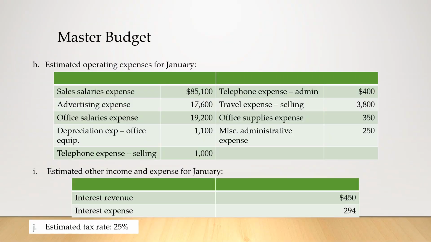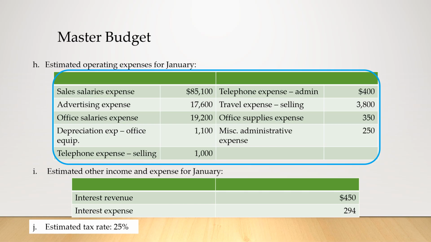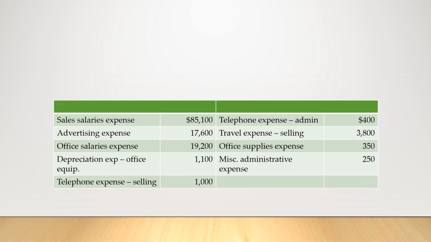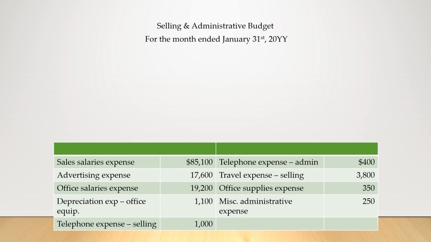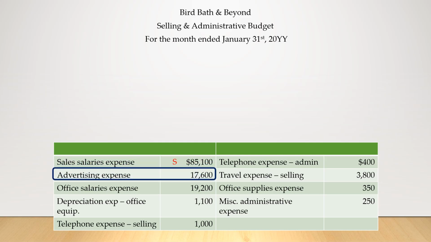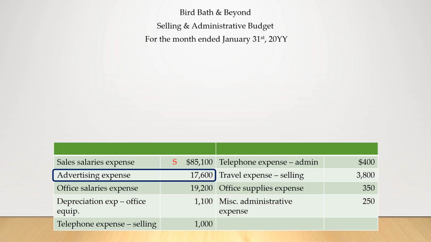All the necessary information is in the schedule in item H. Before we can proceed, we need to identify each item in the schedule as either a selling or an administrative expense. How about sales salary expense? That's a selling expense. What about advertising expense? That's also a selling expense.